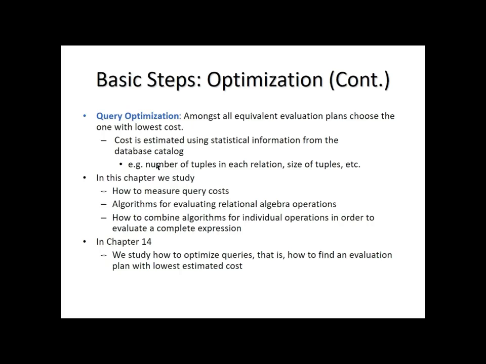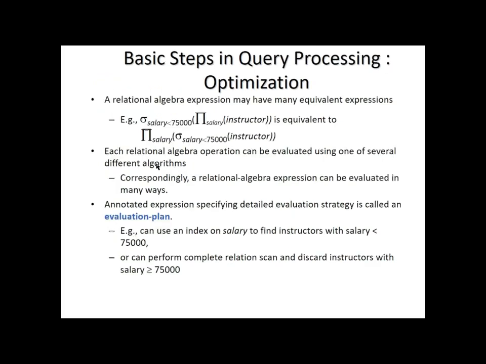So we have taken a few examples for optimization. There are two major operators used in relational algebra: selection and projection. The symbol we use for selection is sigma in mathematical notation, and for projection we use the symbol pi.